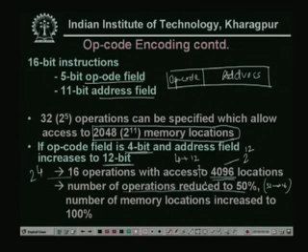So, the number of memory locations increased by 100%, because earlier the number of locations was only 2048, 2 to the power 11, now it becomes 4096, meaning 2 to the power 12. So, it is increased by 100%, double.